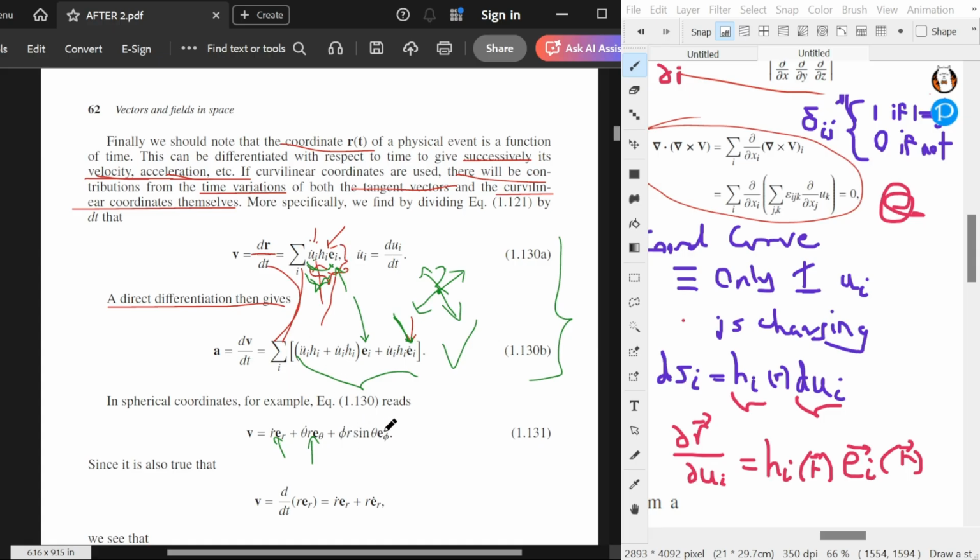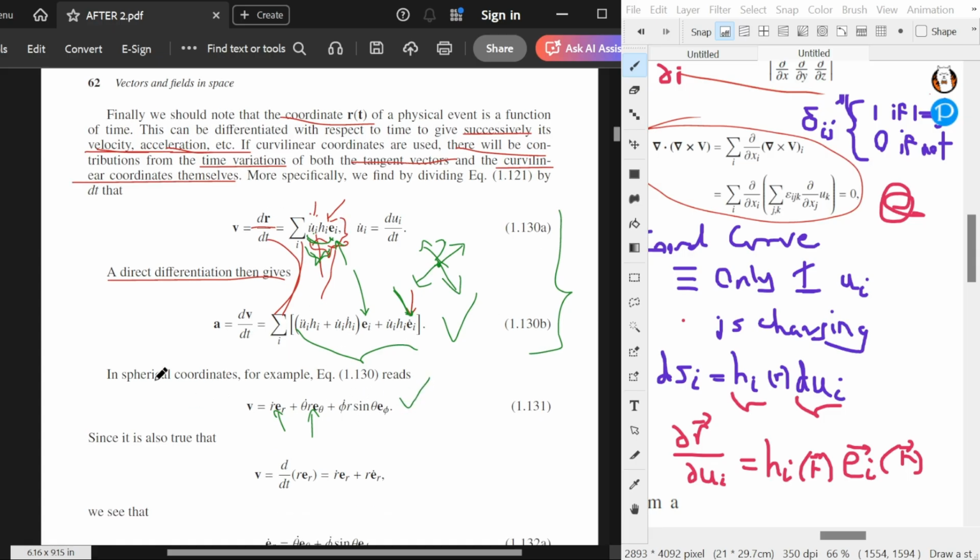And over here, same thing. Since it is also true that velocity equals the differential of the position vector itself, r e_r, it is also equal to, we're treating this as a product. So I guess we always have to treat it as a product.